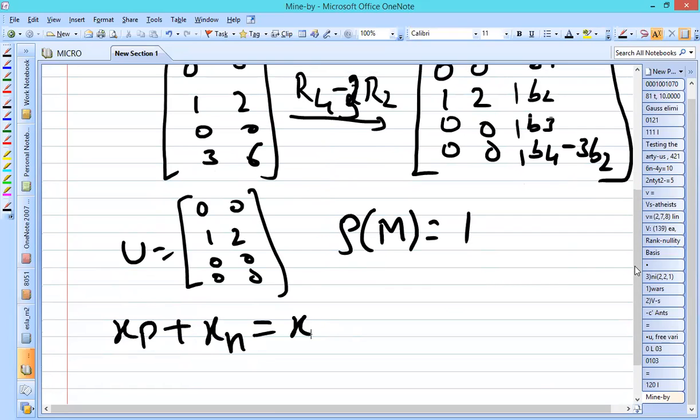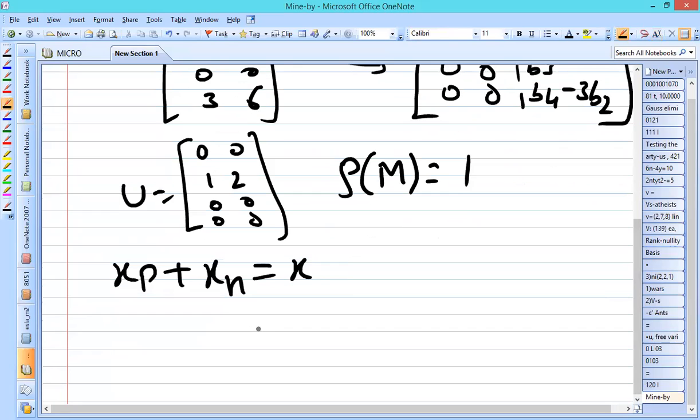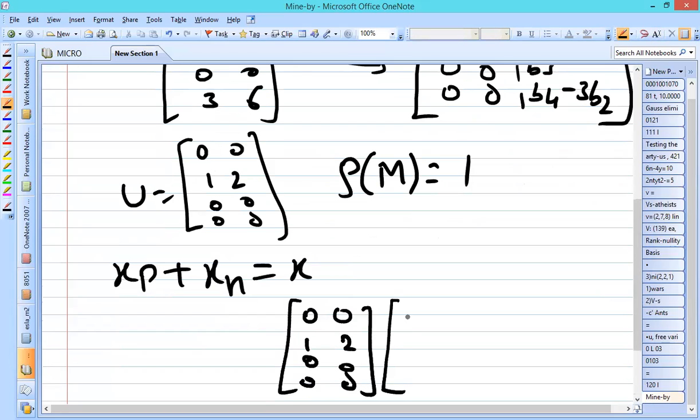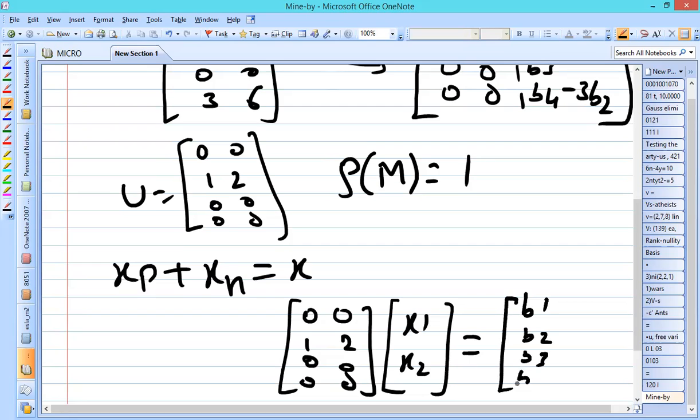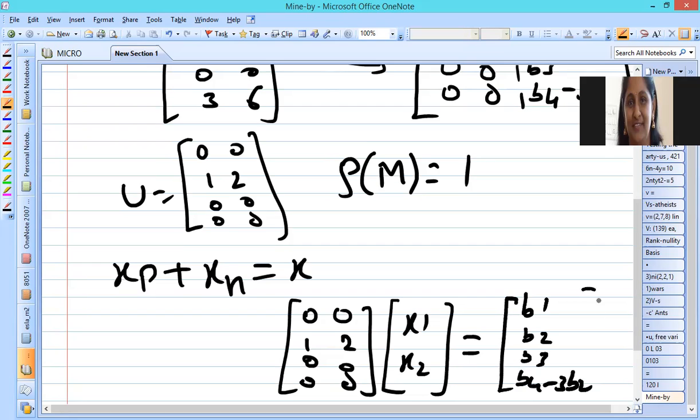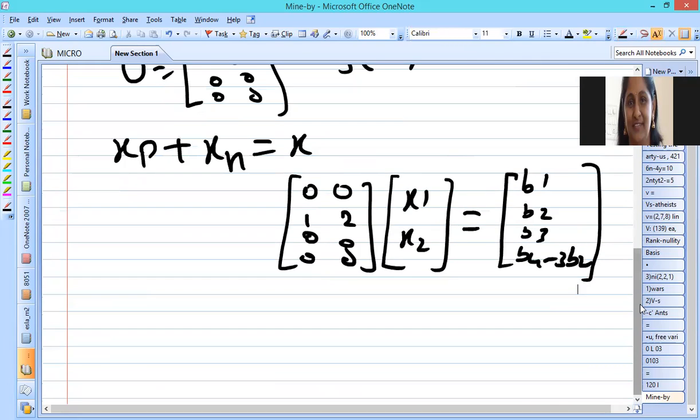Solve the particular solution. It can be obtained by considering the echelon form 0, 0, 1, 2, 0, 0, 0, 0. Here we'll have x1, x2, which is equal to b1, b2, b3 and b4 minus 3b2. Now to get the particular solution, consider it as it is, don't equate to 0.